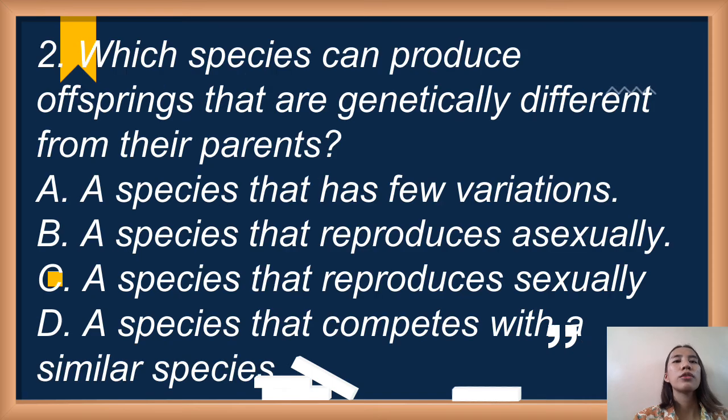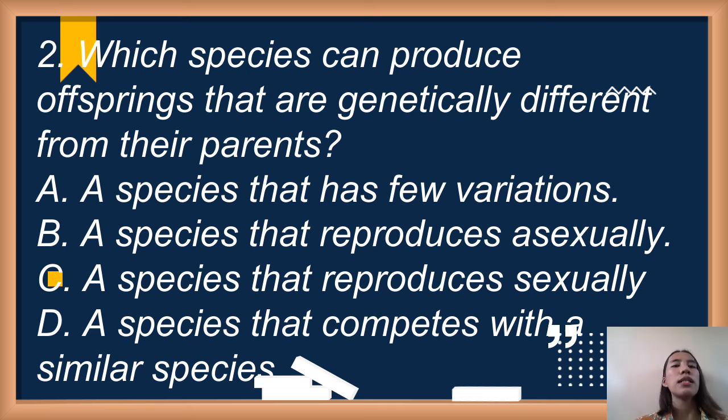Number 2. Which species can produce offspring that are genetically different from the parent? A. A species that has few variations. B. Species that reproduce asexually. C. A species that reproduce sexually.